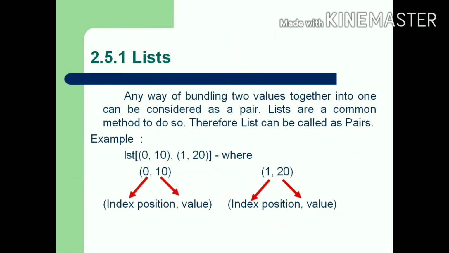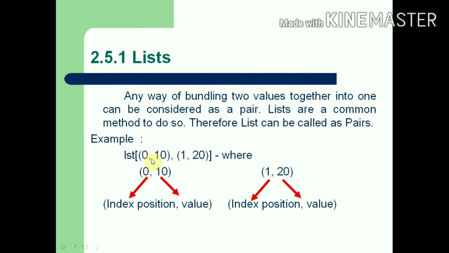This list can be defined in another pattern also. See the example: within the square brackets there are further pairs, 0 comma 10, 1 comma 20. Here 0 is the index position and 10 is the value, 1 is the index position and 20 is the value. Any way of bundling two values together into one can be considered a pair.